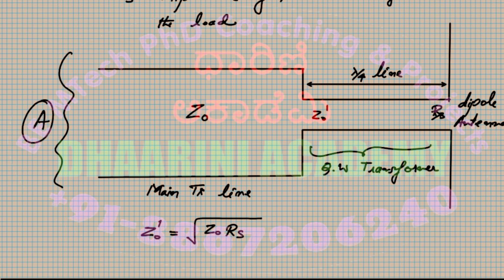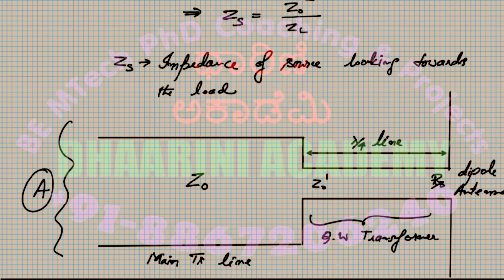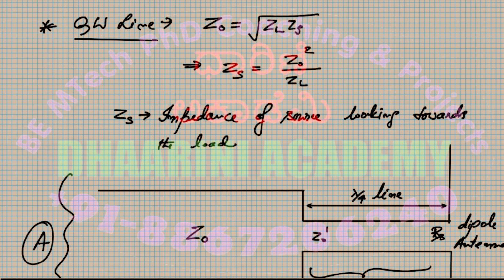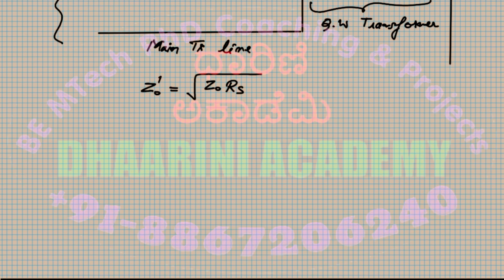So that's a very simple application. You can simply use the fundamental characteristic of our quarter wave line, which you see here, Zs is equal to Z0 square by ZL. Otherwise, the Z0 of your line is equal to the root of ZL into Zs. So I'm using that property here to match this. So like this, you can match. This is one simple application.